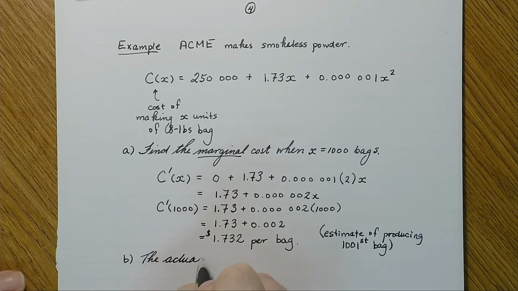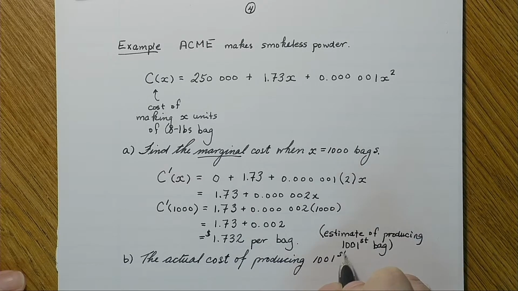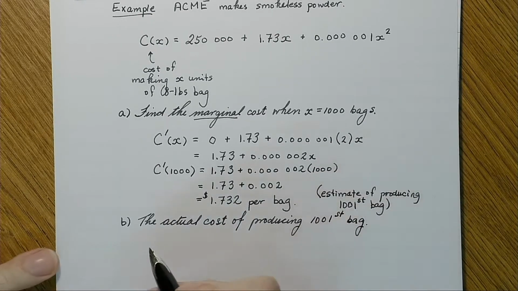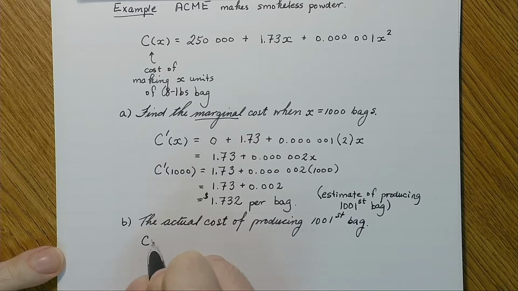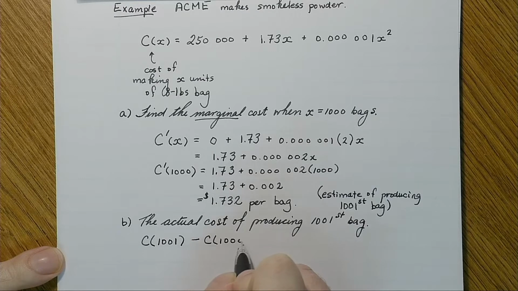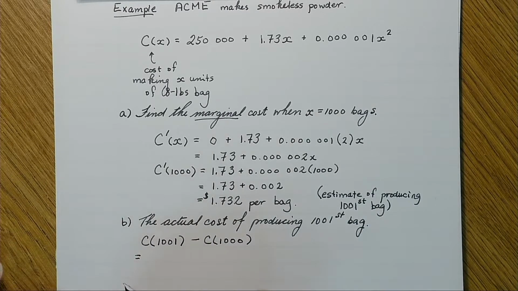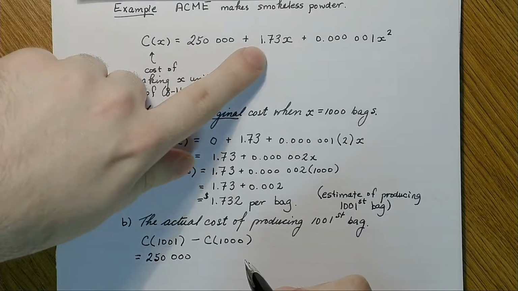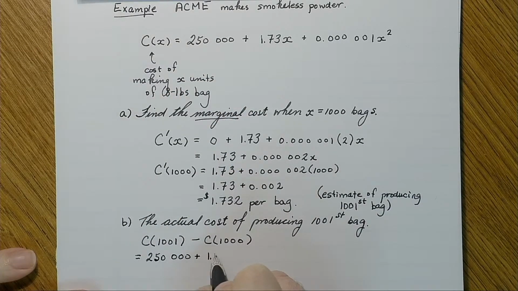So the actual cost of producing the 1,001st bag. So it's finding the difference between 1,001 minus 1,000. So I have 250,000. Again, using my cost formula there.